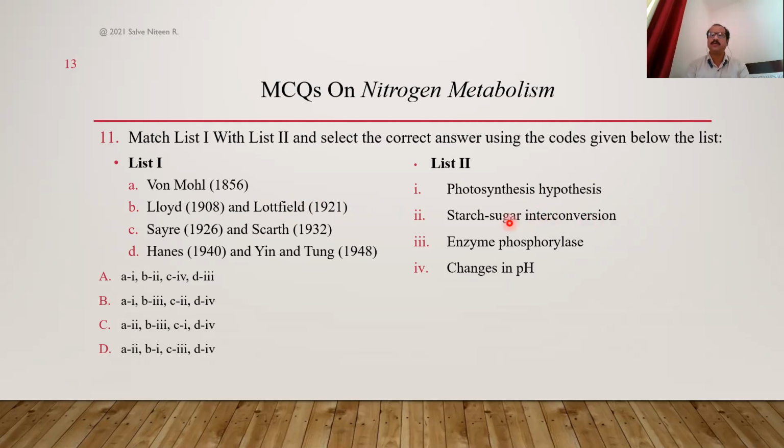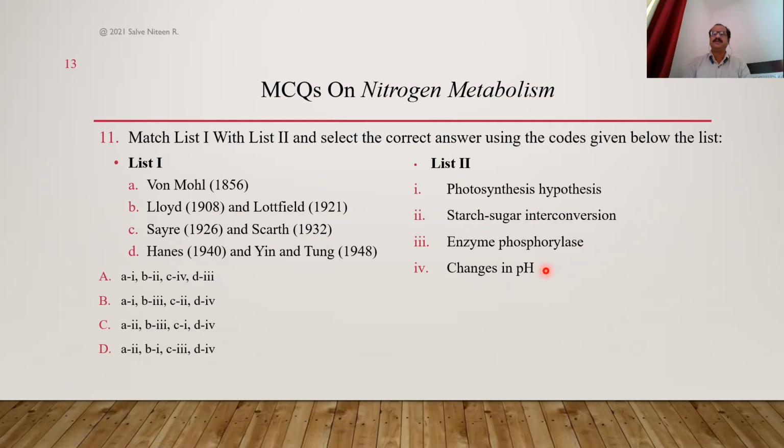During daytime, there is formation of sugar. During nighttime, there is formation of starch from the same sugar. So this is called the interconversion hypothesis, proposed by two different scientists, Lloyd and Lotfield. Then the next scientists, Seri and Scarth, in different years, suggested that this starch-sugar interconversion, which happens during day and night time, is actually not directly dependent on light. Light is not the factor responsible for this, but it is the pH.